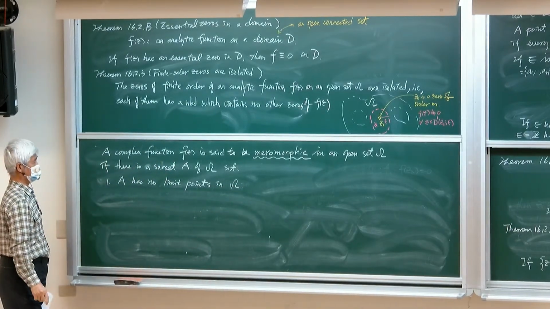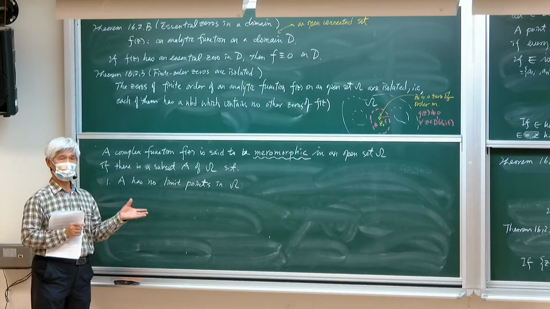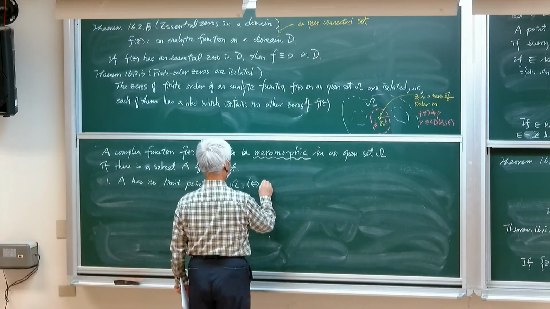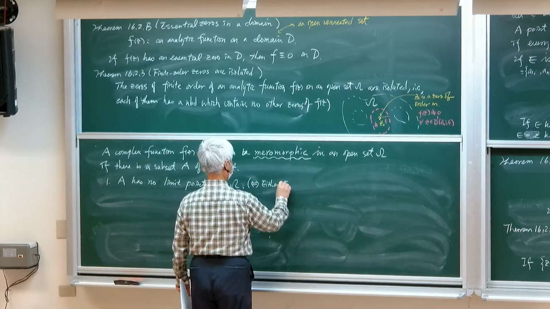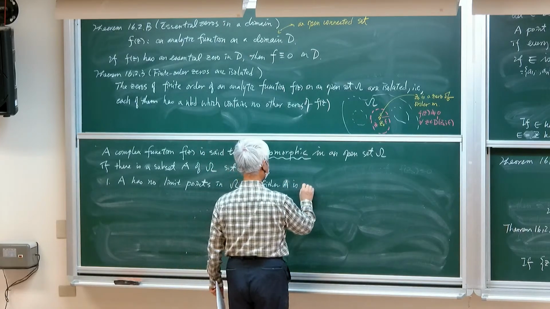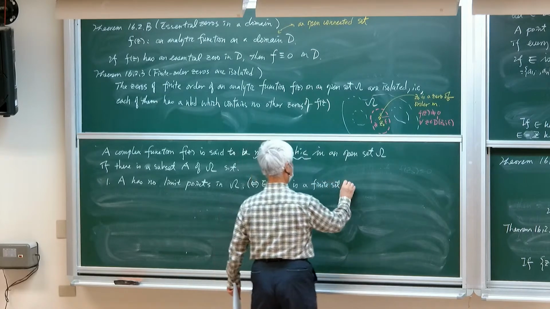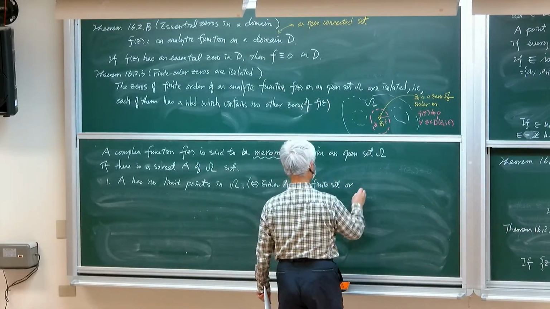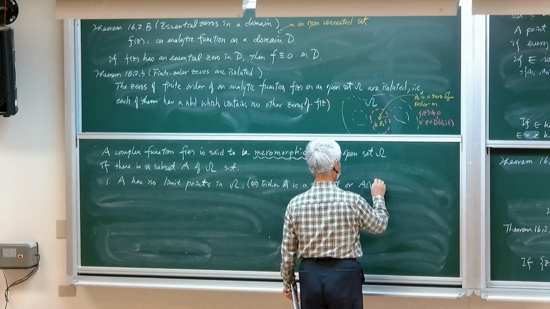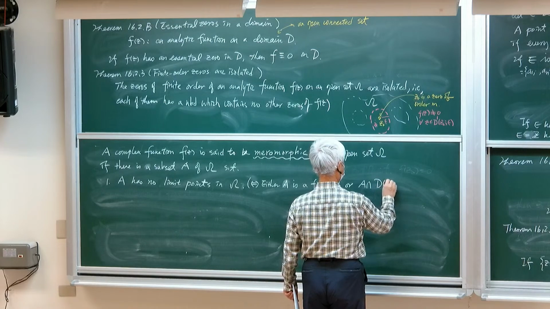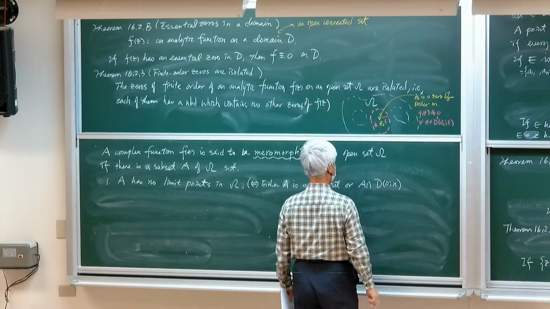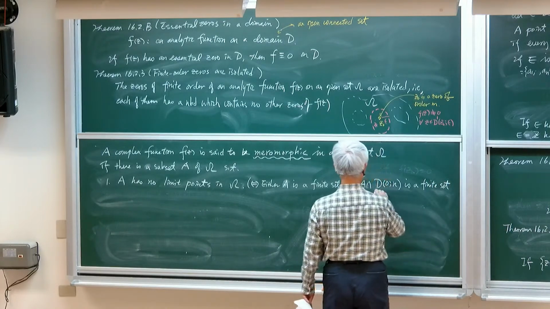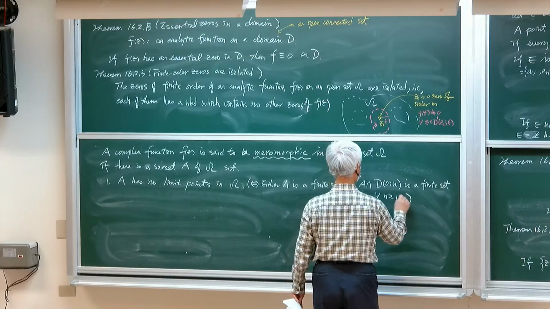A having no limit point means that either A is a finite set, or A intersect with the disk is a finite set for all n.